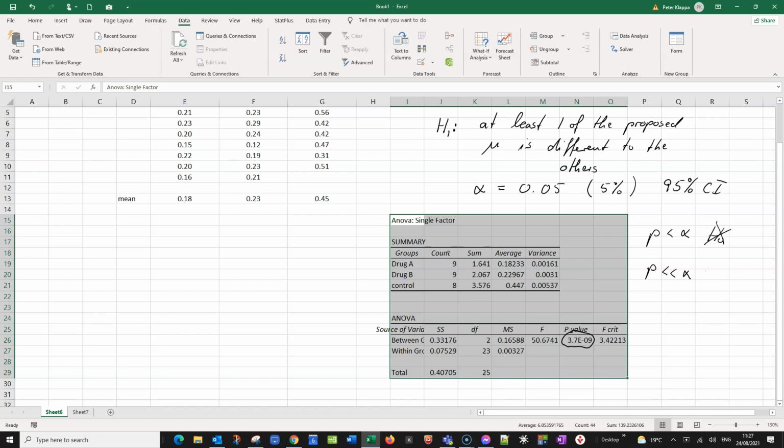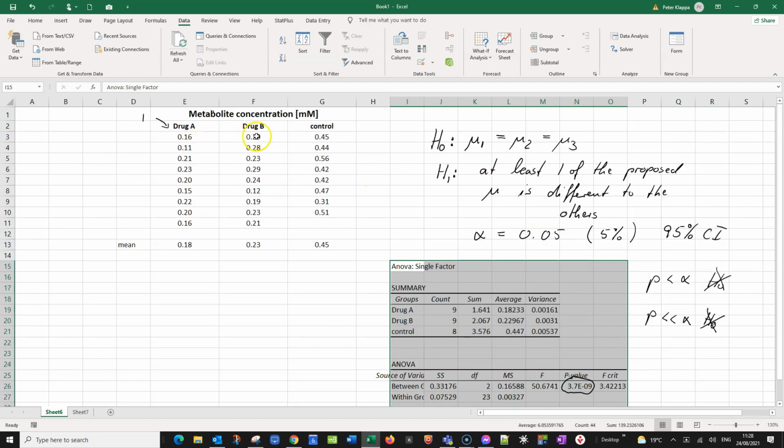So indeed, we reject the null hypothesis and we say at least one of the proposed population means is different to the others. So we know that there is a difference between drug A, drug B, and the control.